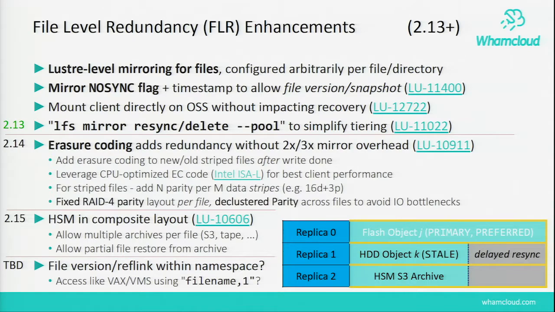So file level redundancy is allowing Lustre to have multiple copies of the data on separate OSTs, which allows you to have a more robust system, either because of hardware failures or because of network failures.